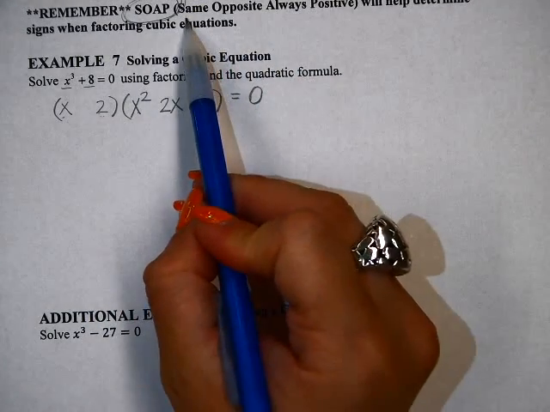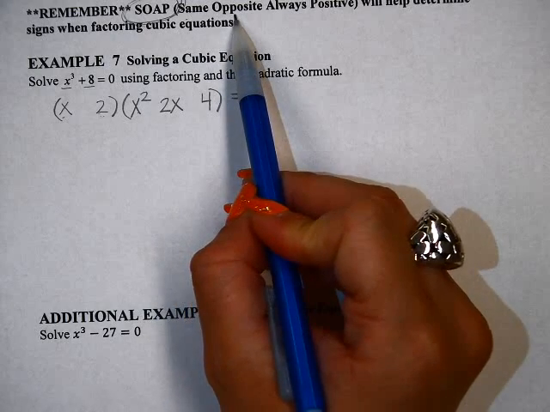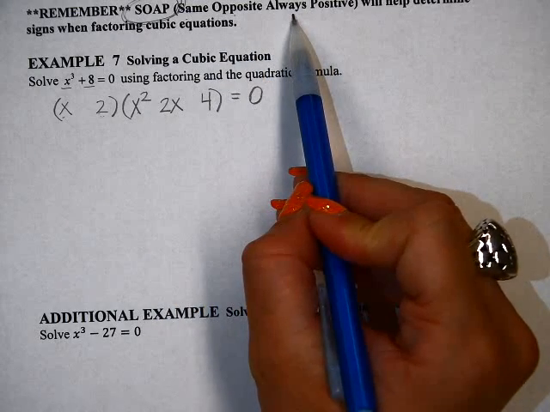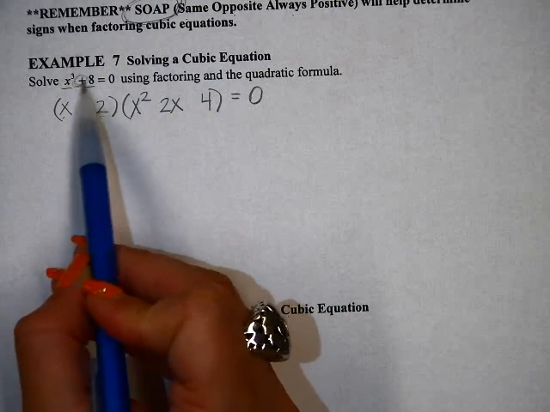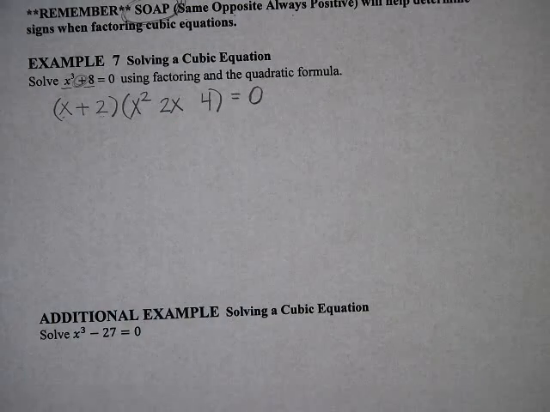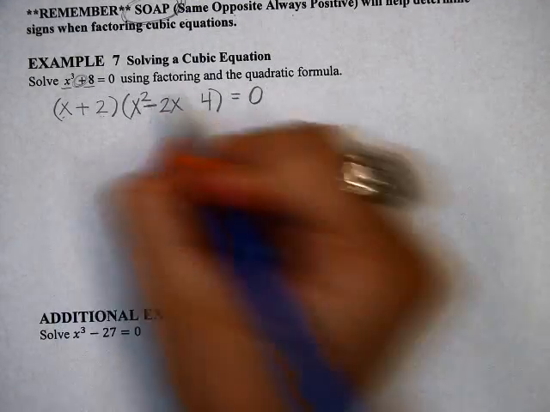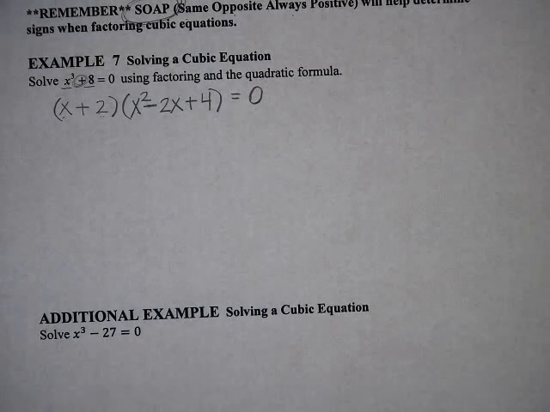So again, same sign as what you started with, opposite sign of what you started with, and that last sign will always be positive. So since this was x cubed plus 8, same will also be positive. Opposite will be negative, and the last one will always be positive.